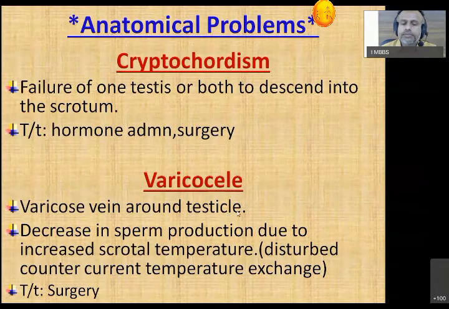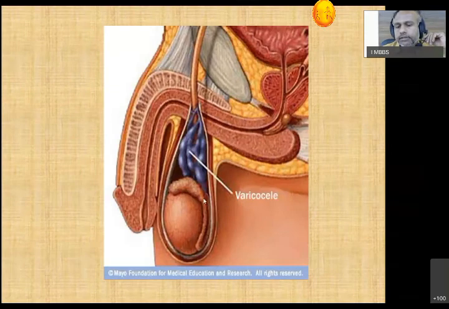Varicocele: varicose veins around the testicles. Here we have seen that the testicular artery is surrounded by a pampiniform plexus formed by a network of veins draining the testicles. That is again the role of temperature regulation.